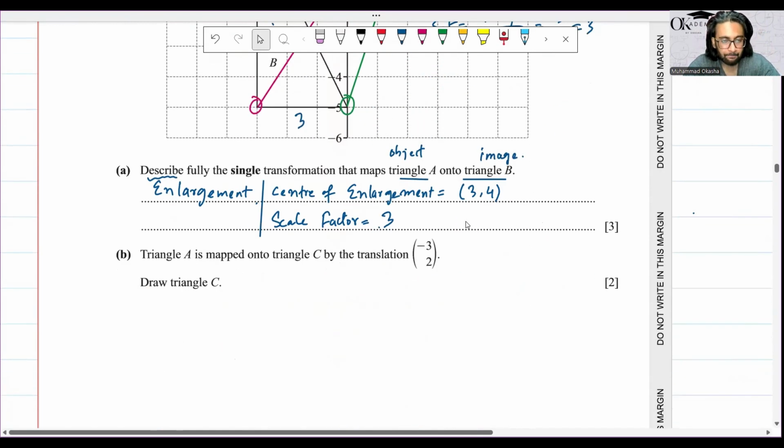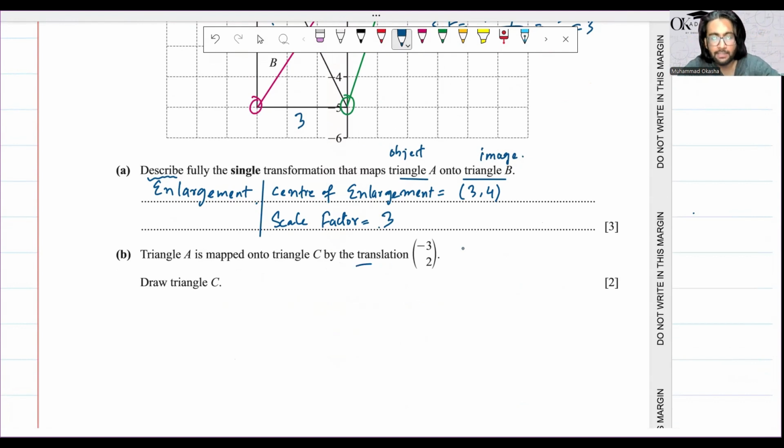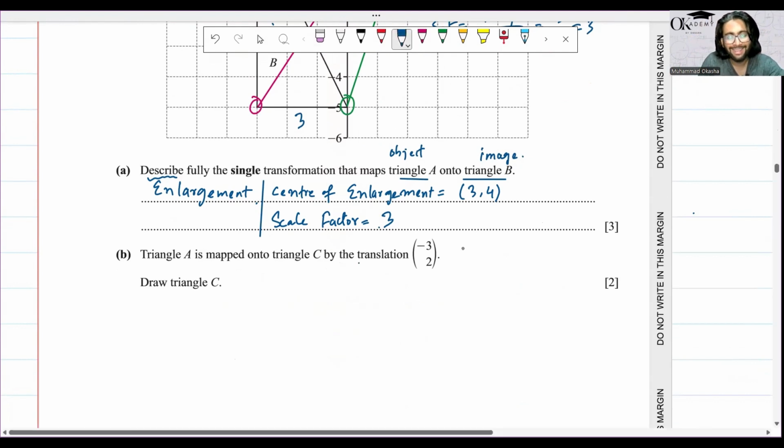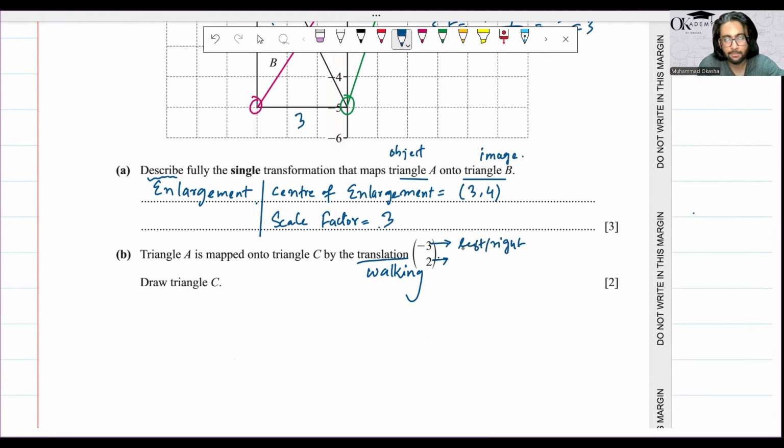Next, triangle A is mapped onto triangle C by a translation. Translation just means walking. Nothing changes, you just walk. The top number tells you whether you walk left or right, and the bottom number means up or down.